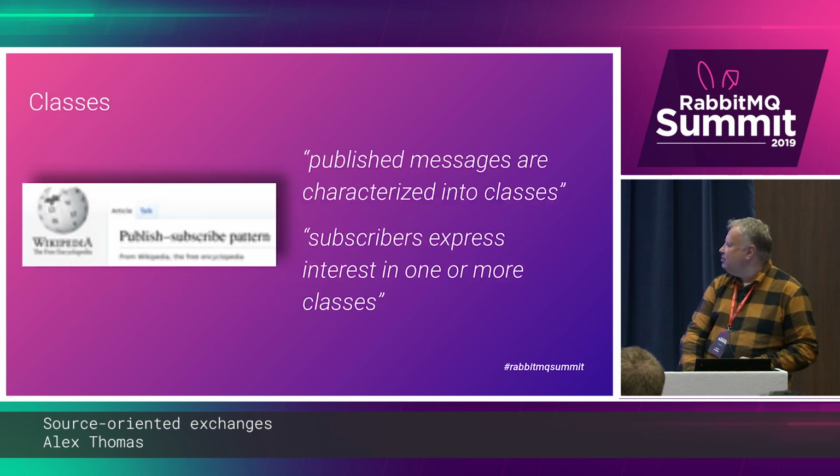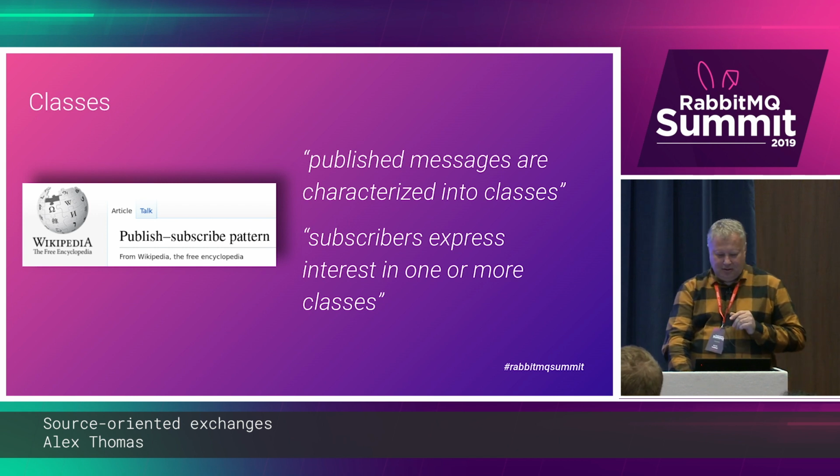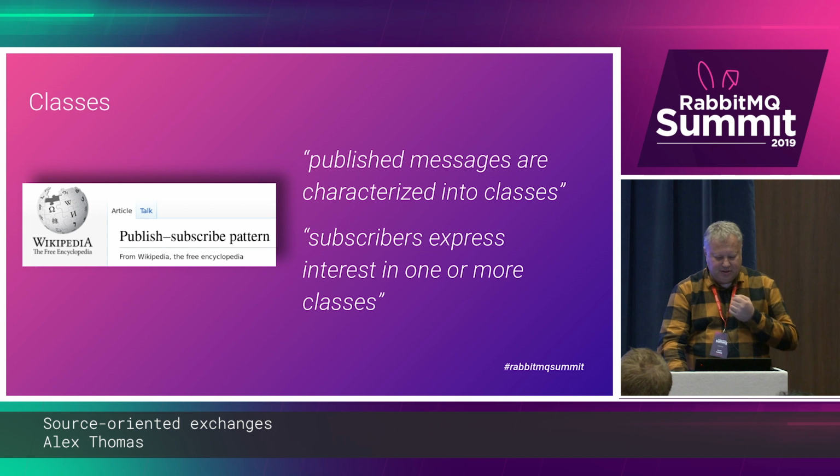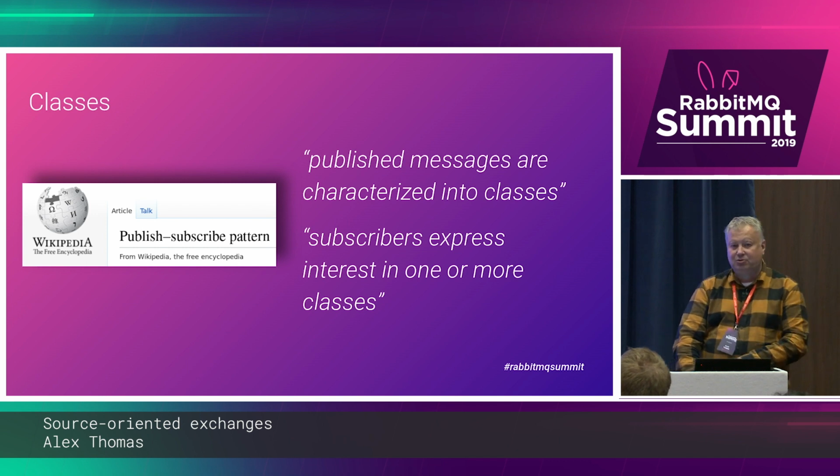Pretty straightforward. The Wikipedia entry, the one that was a bit dodgy on the date, suggests that they're characterized into types, classes, whatever your message is, and it's down to the subscriber to identify the types that they want to subscribe to.